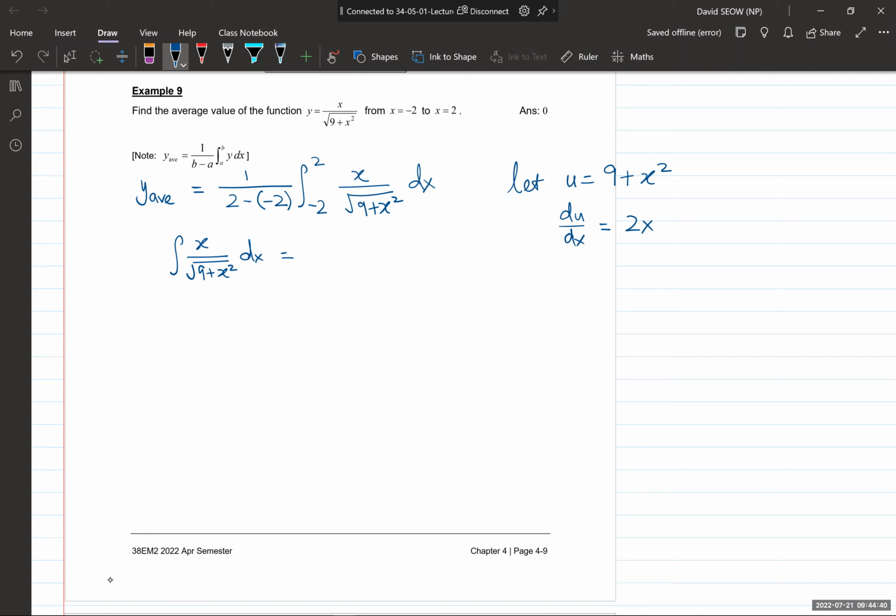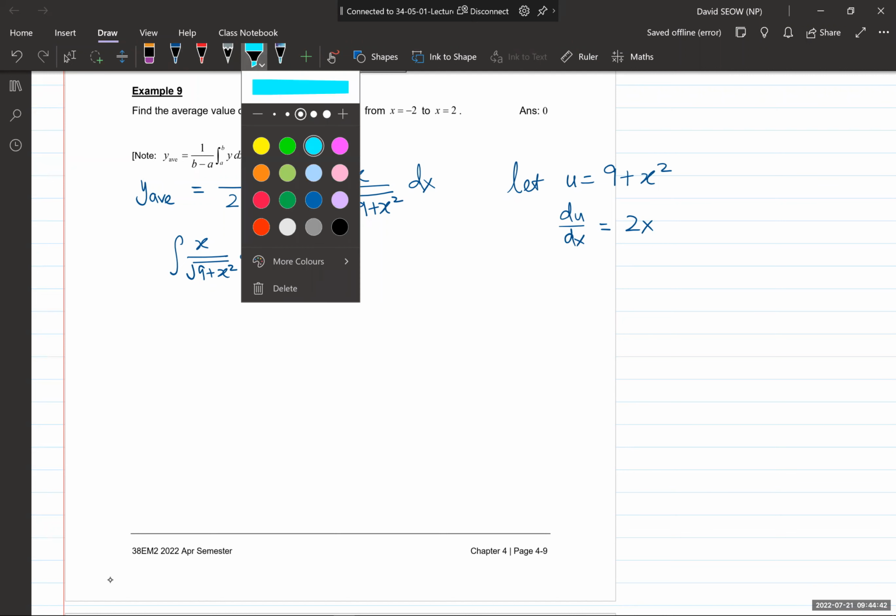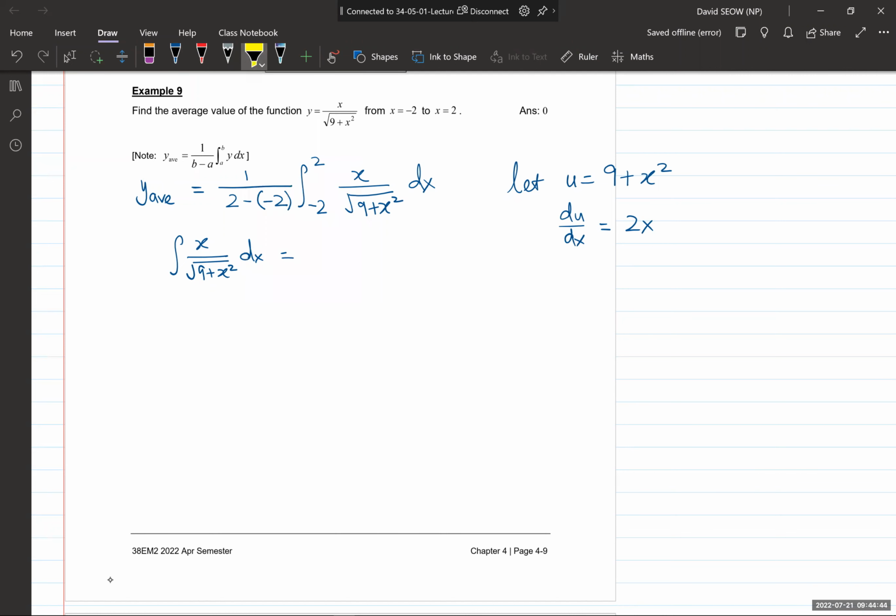I look over here: there's an x, there's a dx, and there's a 2. So I need to transfer the numbers around. Half du equals x dx.